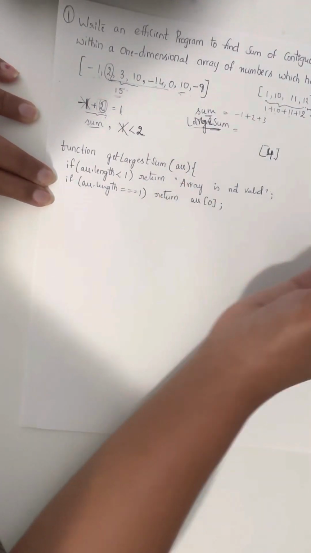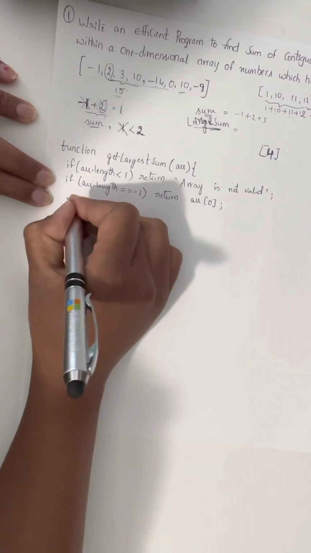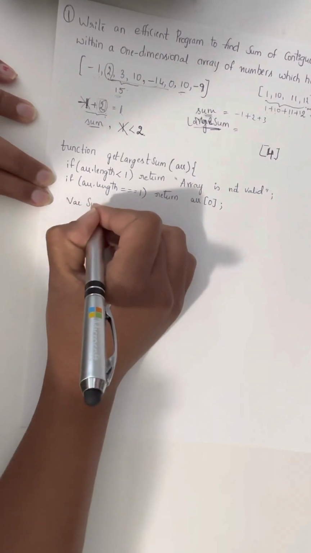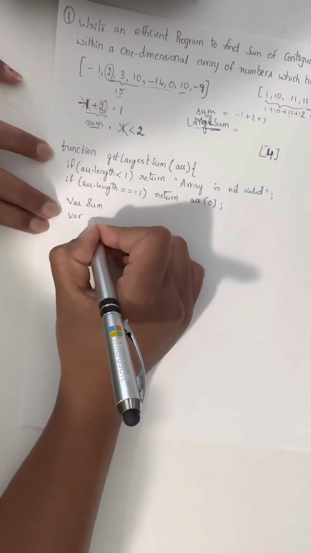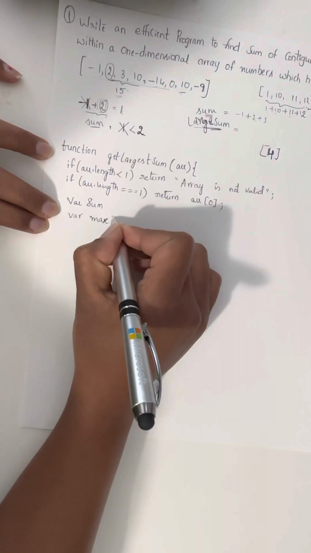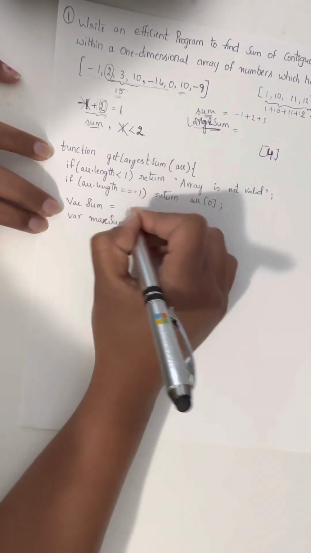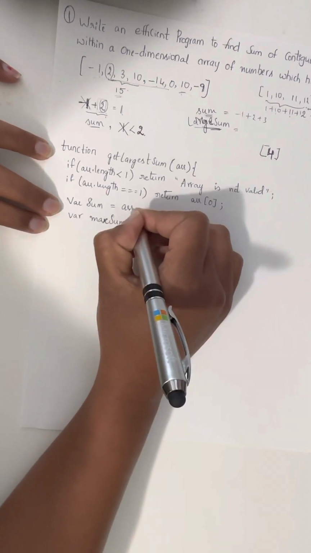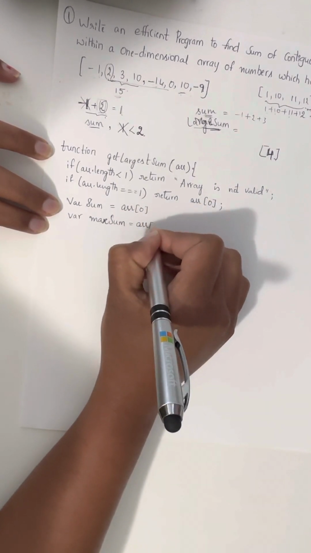So as we discussed, let's declare two variables, var sum and var maxSum, and we are going to assign array[0] to both of them.